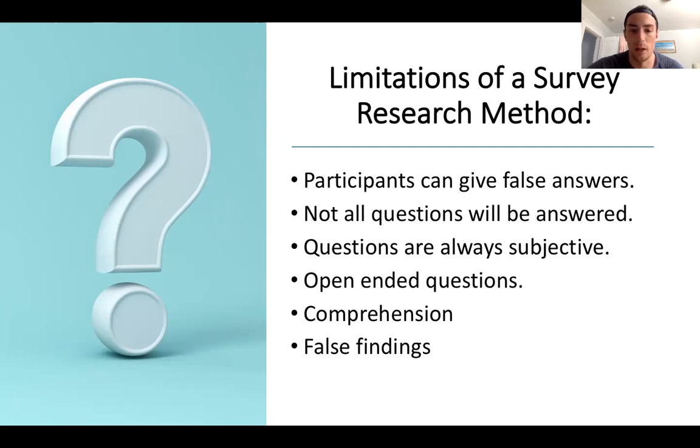And then false findings, meaning survey research methods usually have false findings in that they can be difficult to reproduce given the nature of their subjective responses. You may gain something from one study, but then you try and repeat it and you get entirely different data or results.